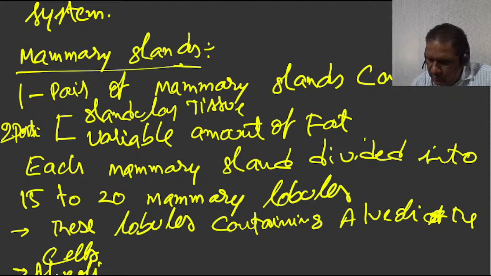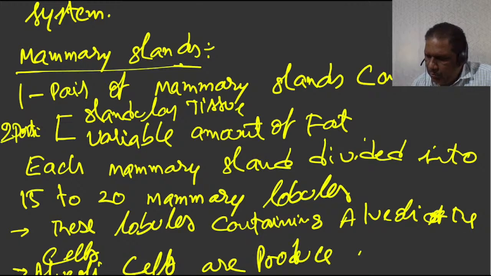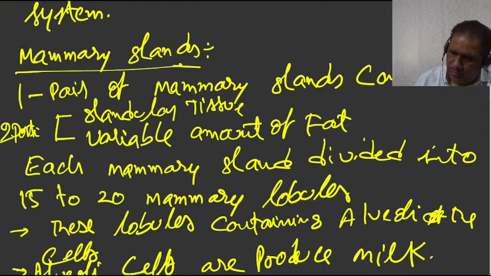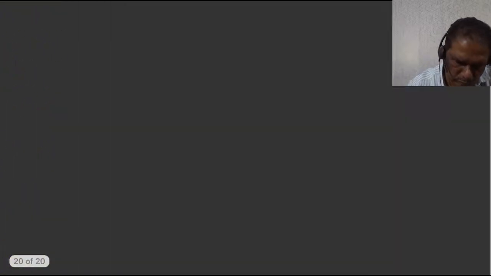Alveoli cells produce milk. That's all about the female reproductive system.